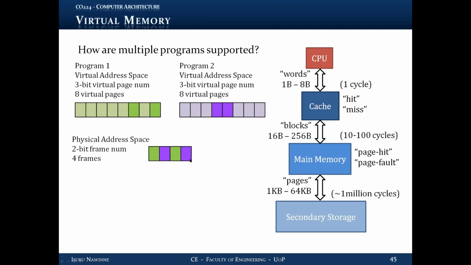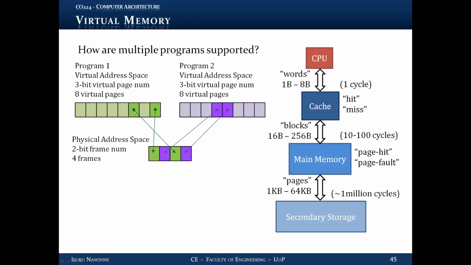The memory contains only 4 frames. We have a 2-bit frame number, right? So it's a very small example. And now you can see the memory contains purple pages as well as green pages from these 2 different programs. And the translation should contain mappings from virtual page numbers to physical page numbers or frame numbers, right?